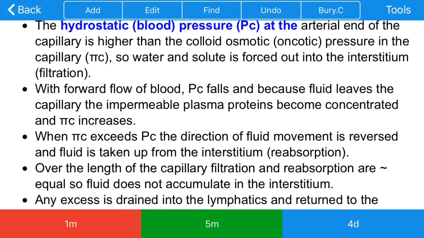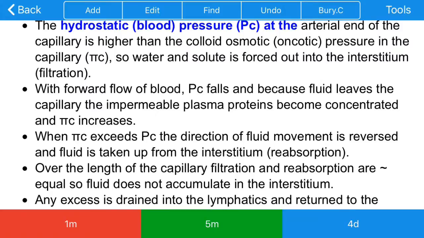With forward flow of blood, PC falls, and because fluid leaves the capillary, the impermeable plasma proteins become concentrated. Okay, the pi C, or P as you pronounce it, but then they're both PC.